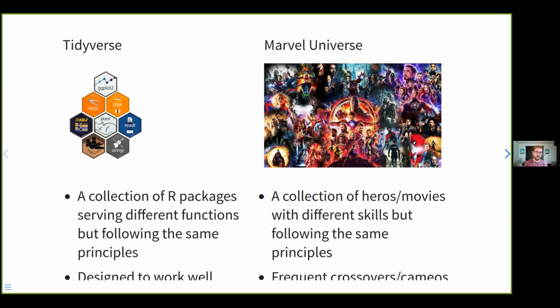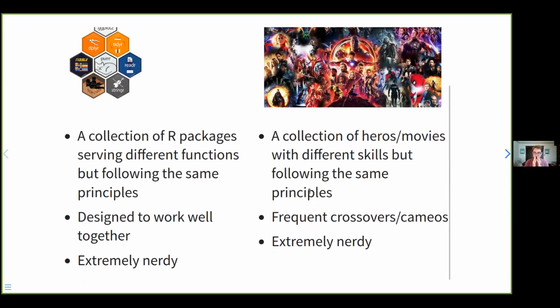Both are a collection of distinct packages or distinct superheroes, but they all tend to work together. In the case of the tidyverse, they're designed to work well together and use the same core ideas. In the Marvel universe, they all cameo in each other's movies and help get people excited about the overall universe.